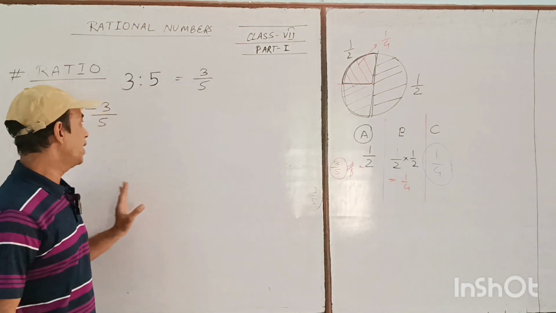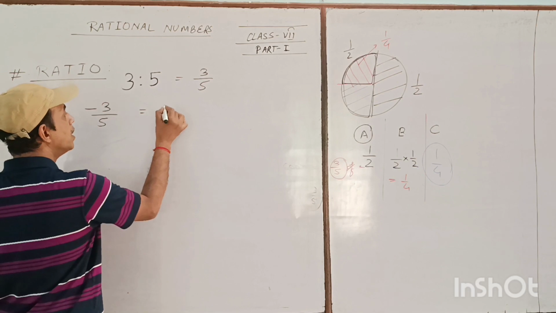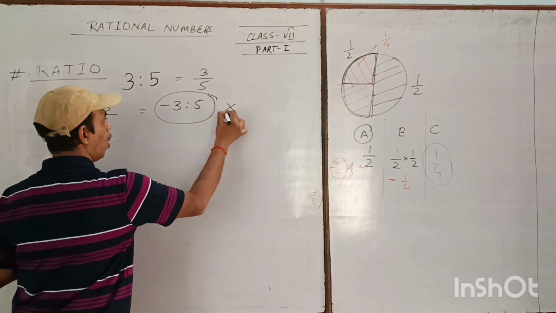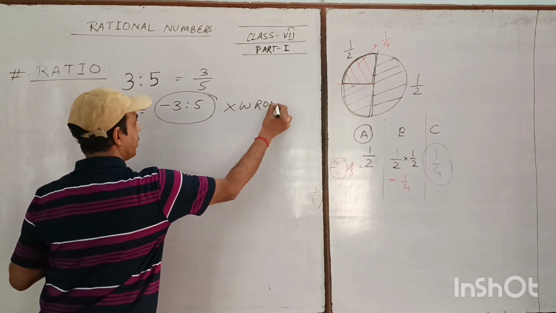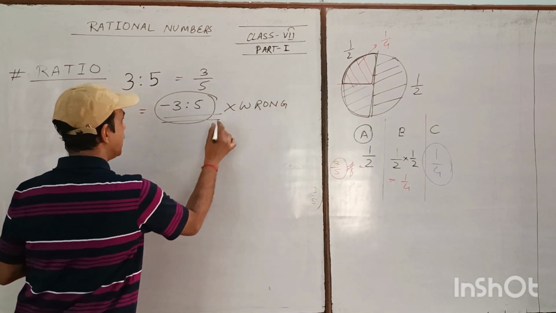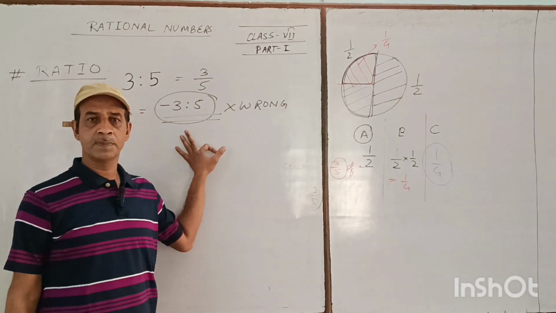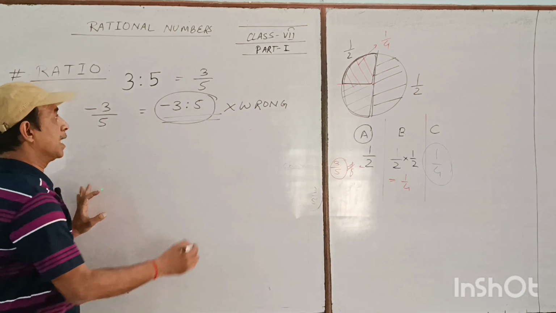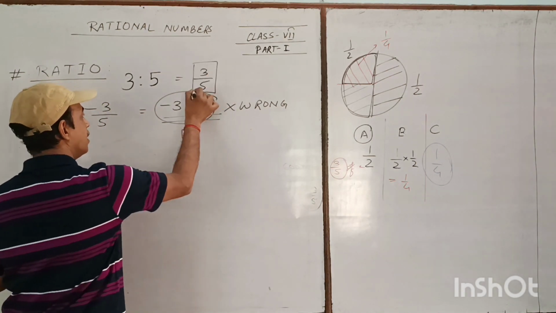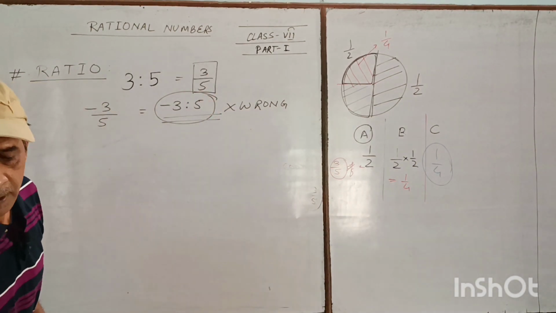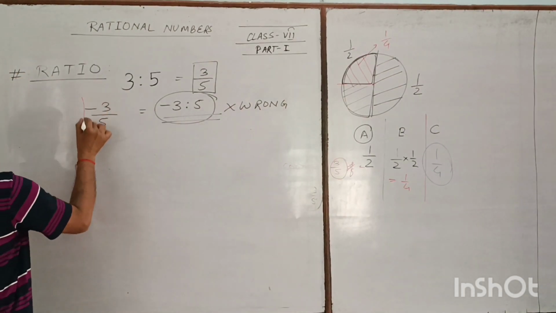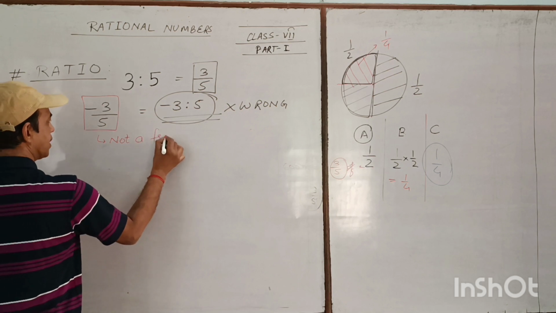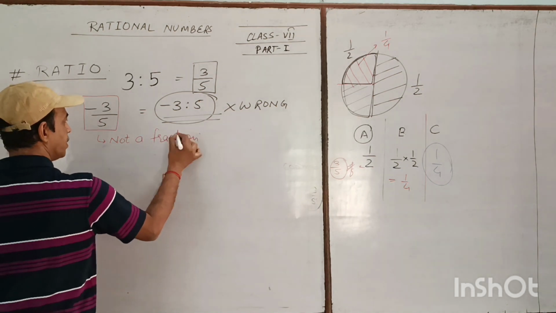This cannot be written in terms of ratio. Minus 3:5, this is wrong. You must have never seen a negative ratio. That means what can we say? 3/5 is a fraction, but minus 3/5 is not a fraction. Fine.